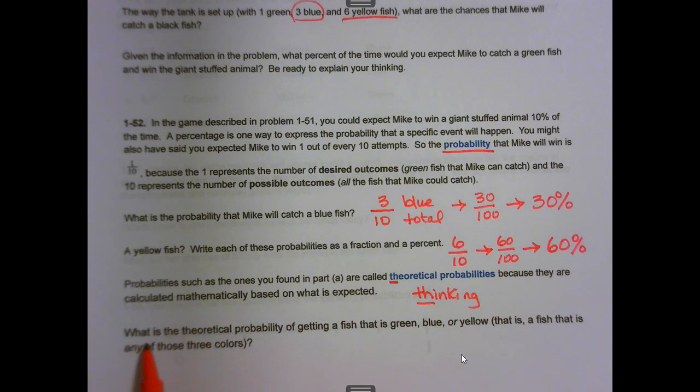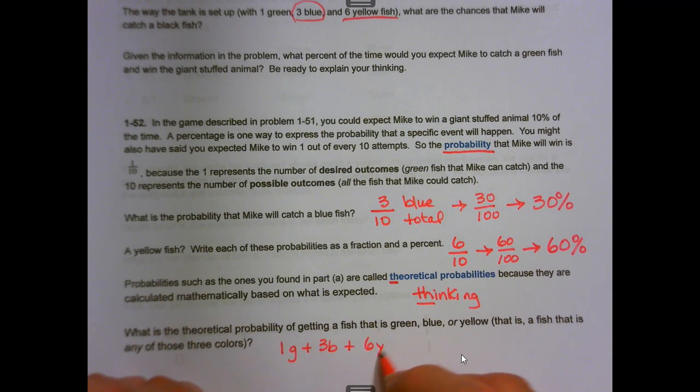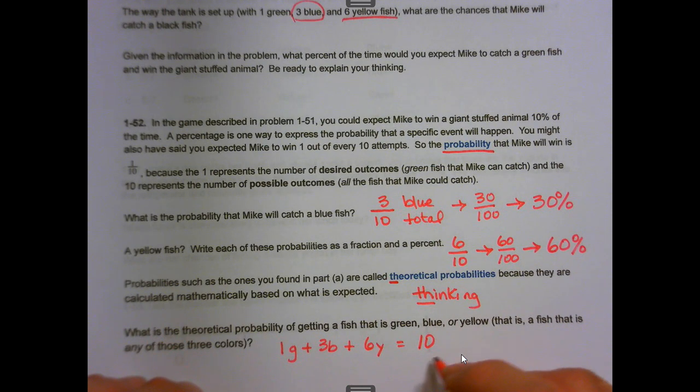Our next question is, what is the theoretical probability of getting a fish that is green, blue, or yellow? Well, we've got 1 green, we've got 3 blue, we've got 6 yellow, so that's 10 possible fish that we're going to catch out of the 10 that are in the tank.